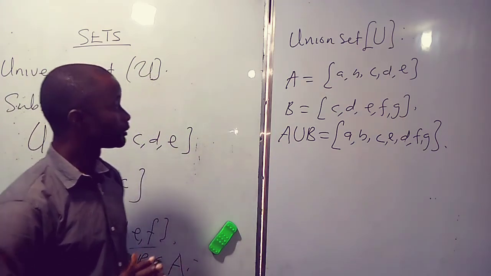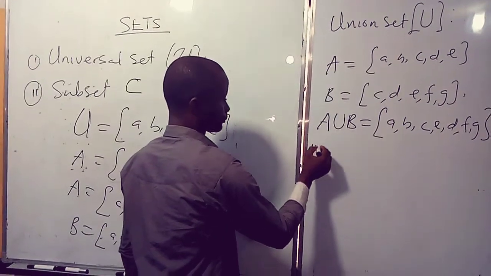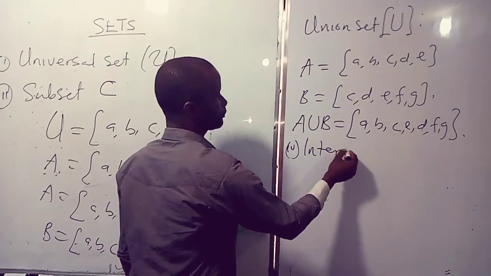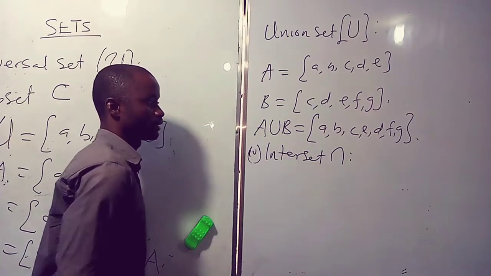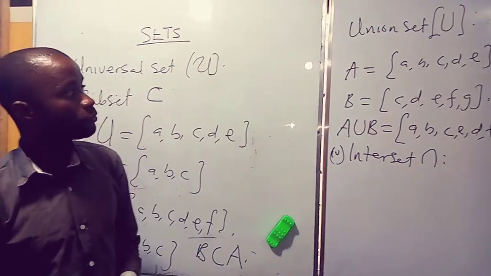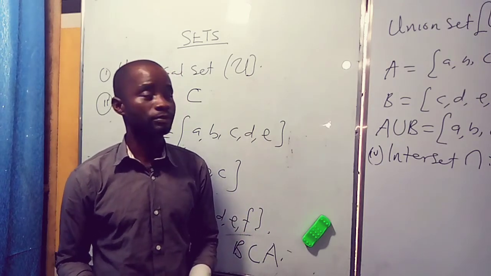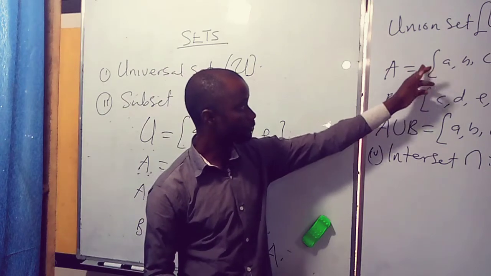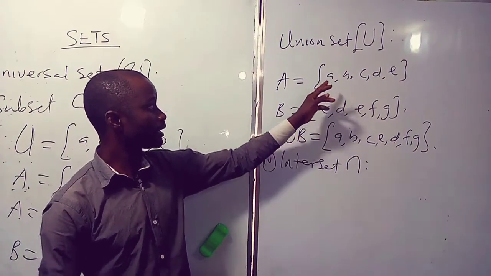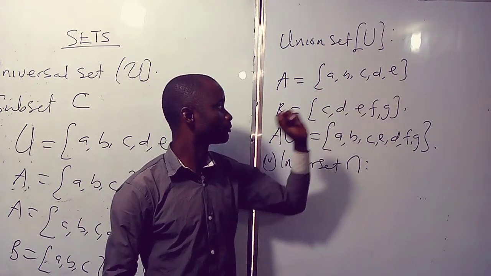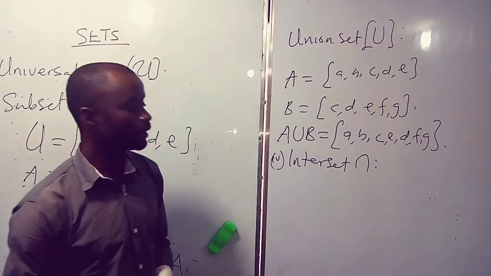And then the fourth one is intersect, with this symbol. When I'm talking of the intersect, in this case, you are comparing two subsets together, and the list is of the elements that are present in both subsets. Now let's look at this example, A and B. The elements present in set A are A, B, C, D, E, and then we have B, C, D, E, F. Let's look at the common elements.